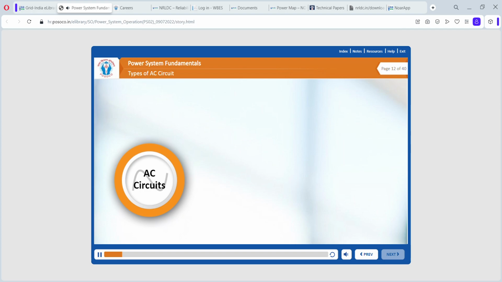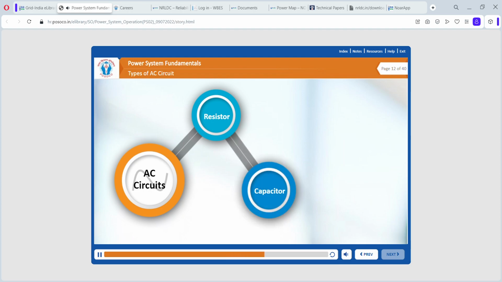Let's understand the types of AC circuits. There are various types of AC circuits, such as an AC circuit containing only resistors, an AC circuit containing only capacitors, and an AC circuit containing only inductors.